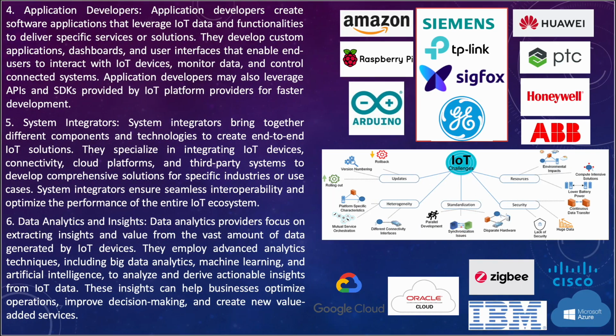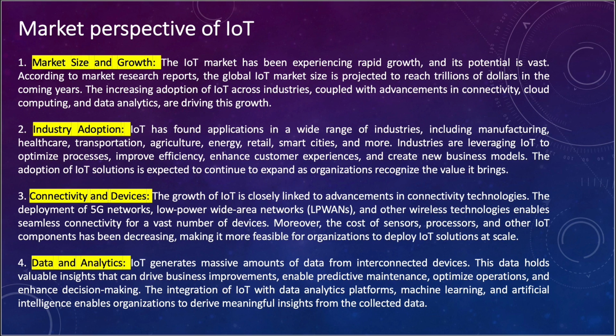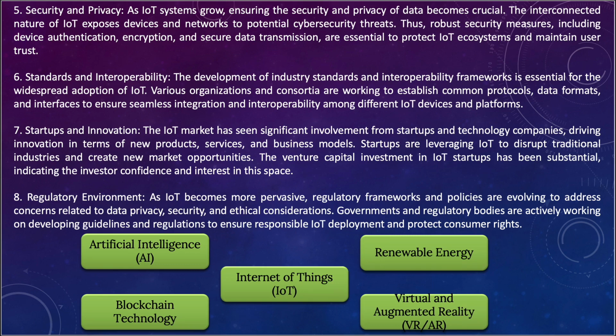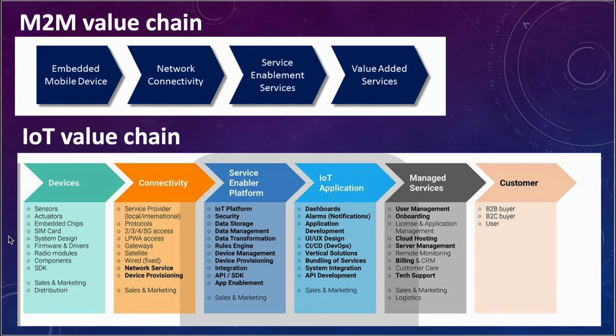So after that, we started to look at the market perspective of IoT, and the market perspective of IoT we generally say is positive. Then we started looking at IoT value chains. Here is the next step of learning applied IoT, because value chains in general are where you can see that IoT has different sectors.